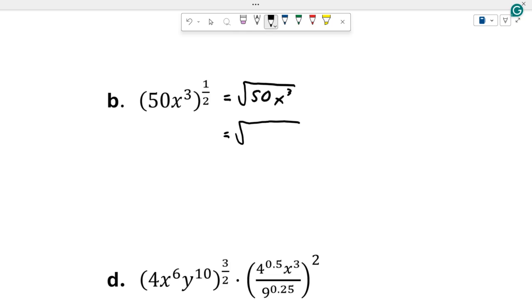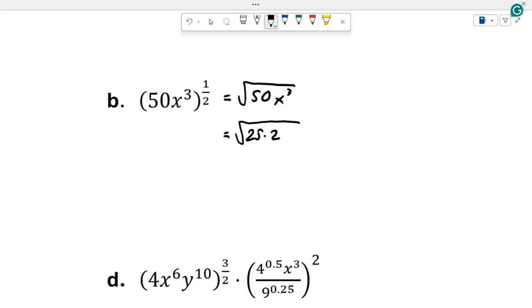But I want to try to get as much out from underneath the root as possible, because it makes things easier down the road if your roots are as simple as they can get. So I noticed that with 50, I can write 50 as 25 times 2.